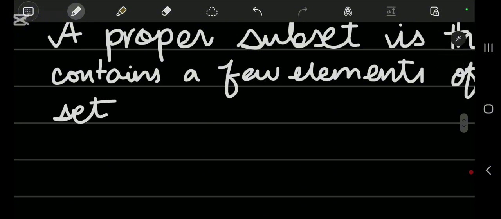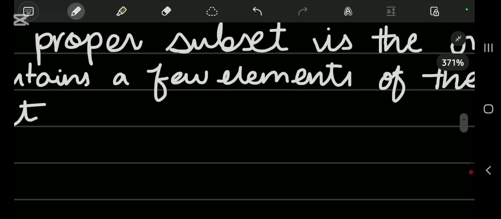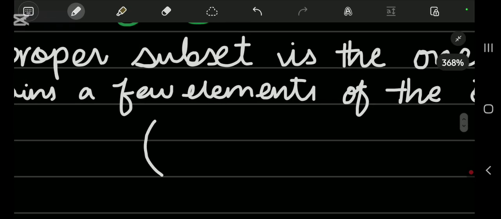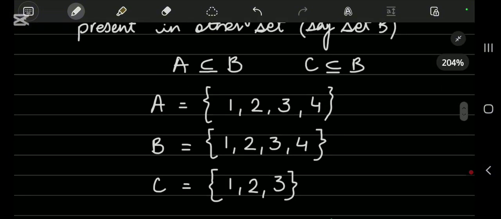It means it should contain fewer elements. Or in simple words, C should not be equal to B, then it will be a proper subset. If the other set is equal to the original one, then we will say it is just a subset. It may or may not be equal.